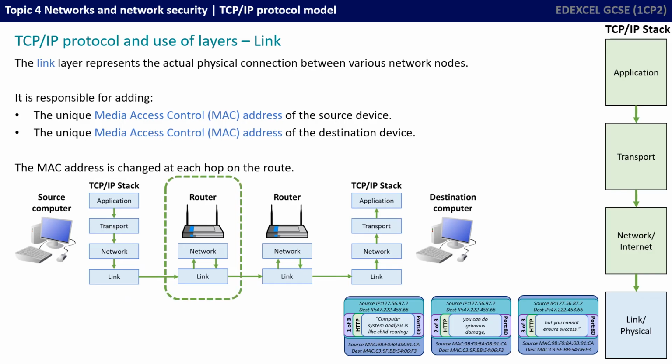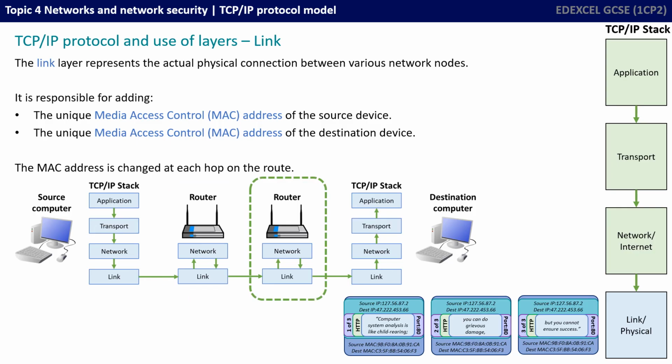The router will strip off the outer layer of the packet and pass it up to the network layer. The destination IP is still set to the location of the final computer, but this current router at this point will need to decide where this packet needs to go. Well, it needs to go to this router, so it adds its own MAC address and destination address, wraps it back up and passes it on.